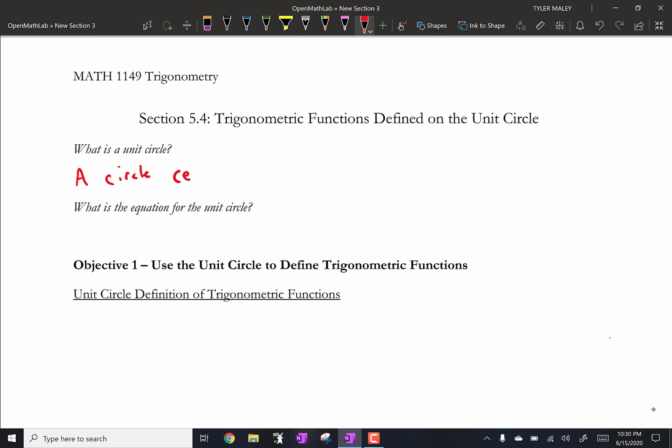that's centered at the origin with radius of 1. Right?